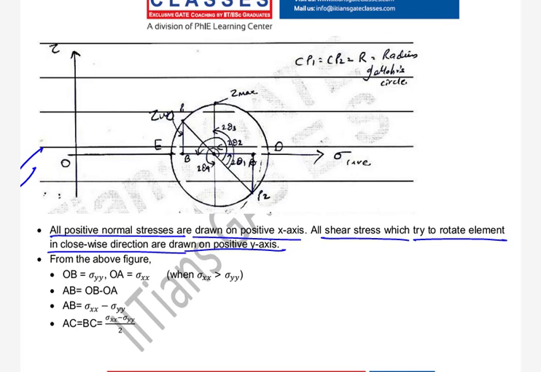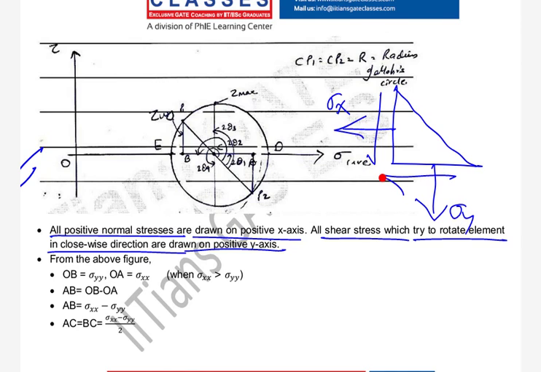Now look here. I will write my stress element here. This is my stress element. Here this is my sigma x, this is my tau xy, this is sigma y, this is my tau xy, this is my unknown sigma, and this is my unknown tau.